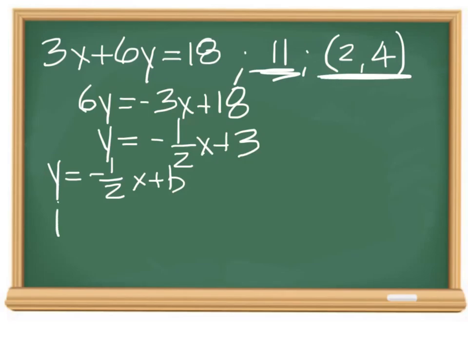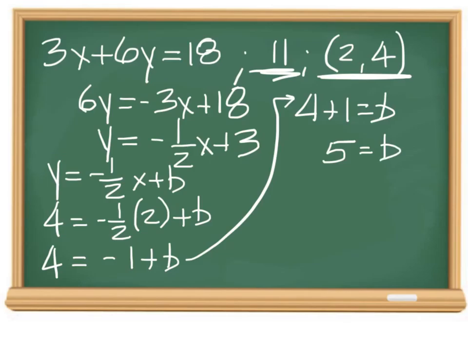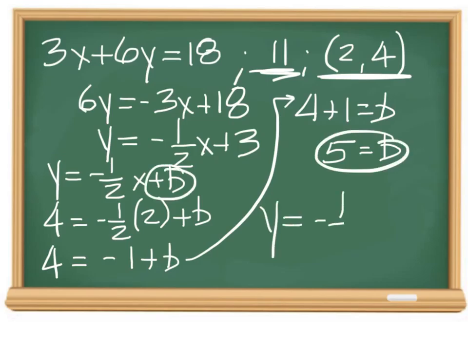Plug in this point to get 4 equals a negative half times 2 plus b, and simplify here to get a negative 1. When you move that to the other side, it'll be plus 1, so you get a 5 for b. And now you're going to go back here and plug this in to get y equals a negative half x plus 5.